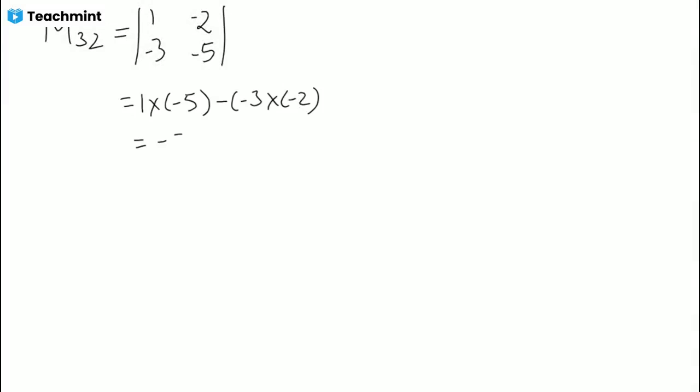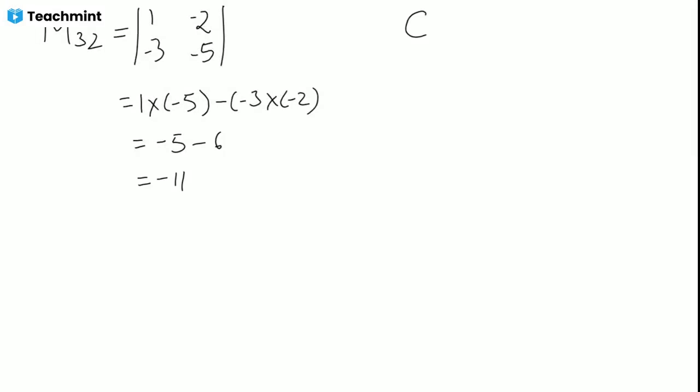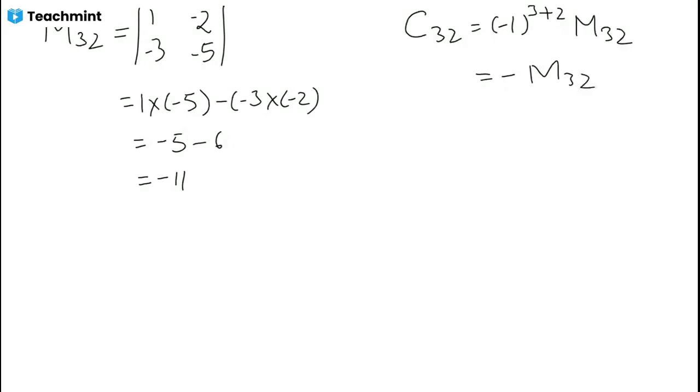So minus 5 minus minus plus, and again minus, we have minus only. So we have minus 11. Now let us find C32, which is minus 1 to the power 3 plus 2 into M32. So we have obviously minus M32, and the value of M32 is minus 11. So we have 11 only.